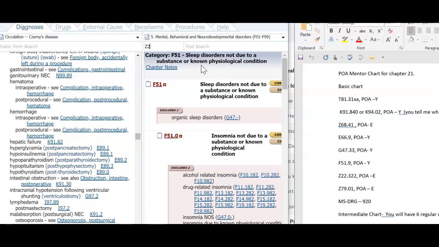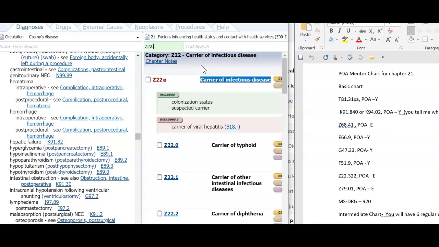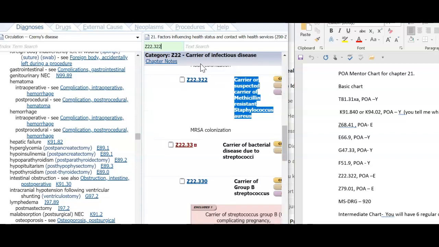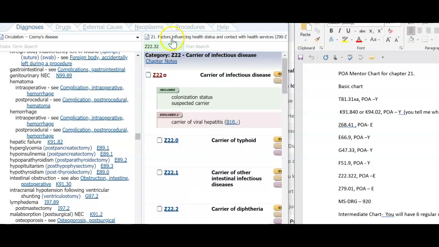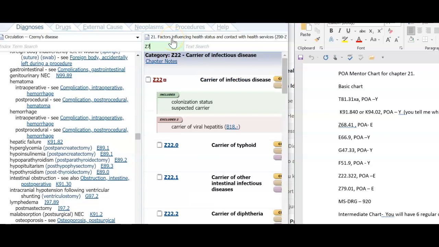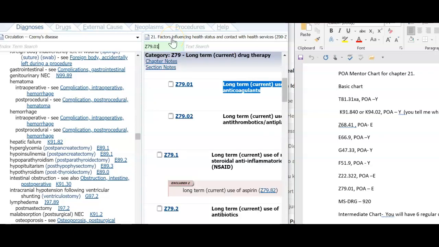So we have Z22.322. This is our MRSA, okay, carrier of infection, MRSA. We also have long-term use of anticoagulants. They're on warfarin.